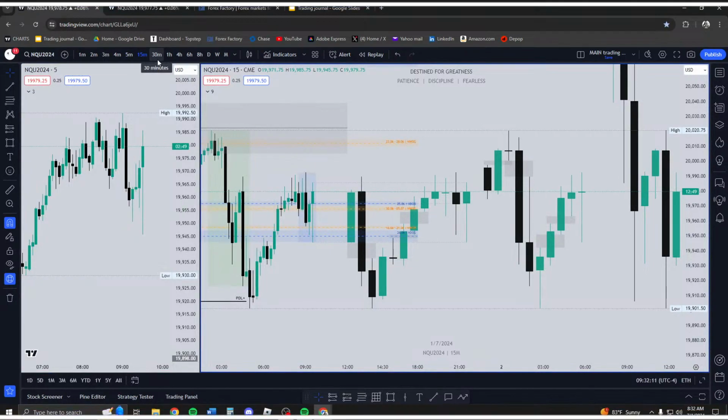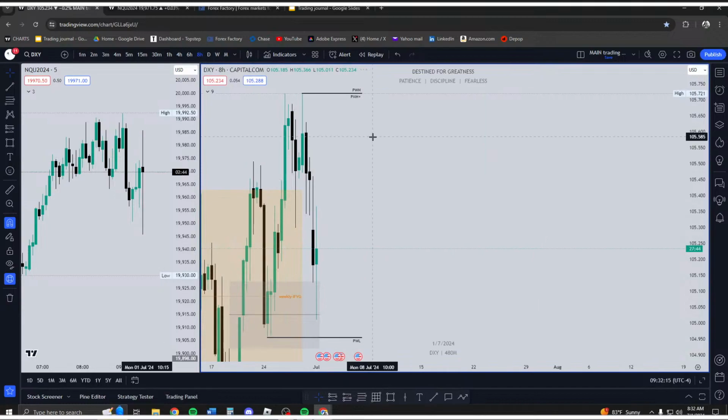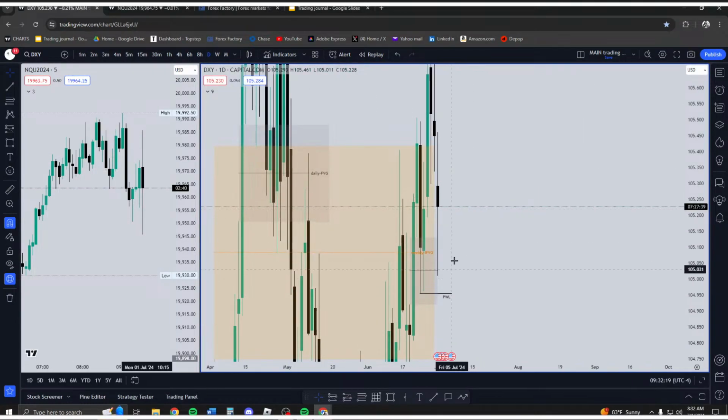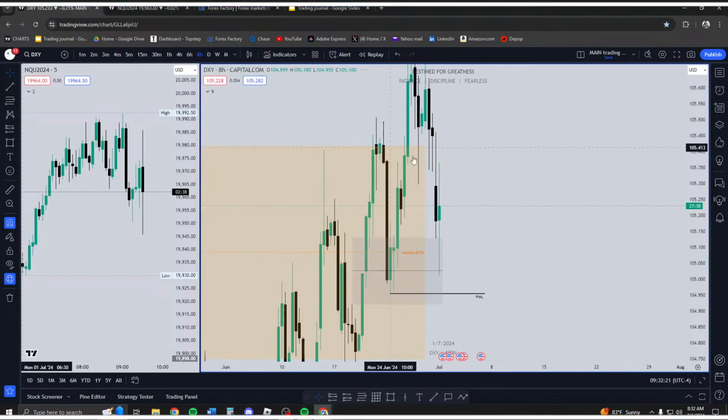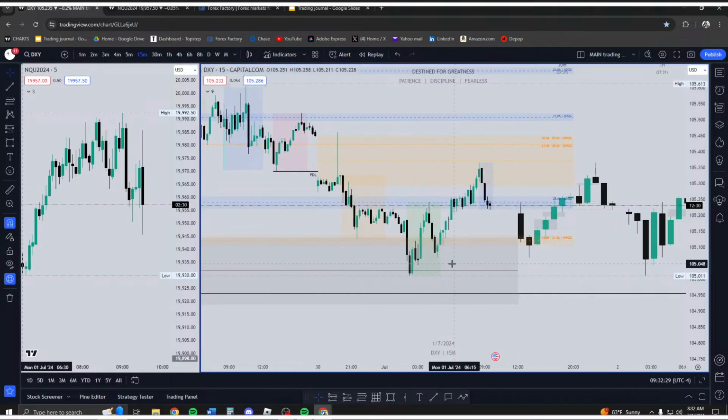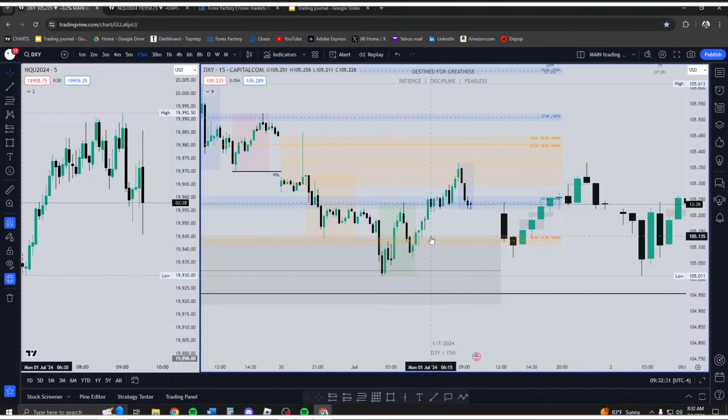So it seems like Dixie reacted to an 8-hour FVG, I believe, or is that the daily FVG? Okay, so it looks like we had a reaction to the daily FVG during London session. So that gray square box is a daily FVG. It looks like prices respected it.